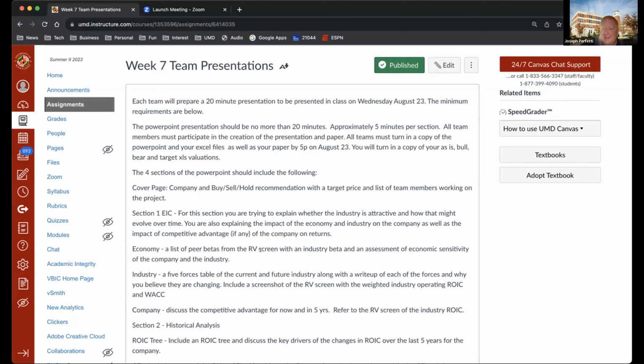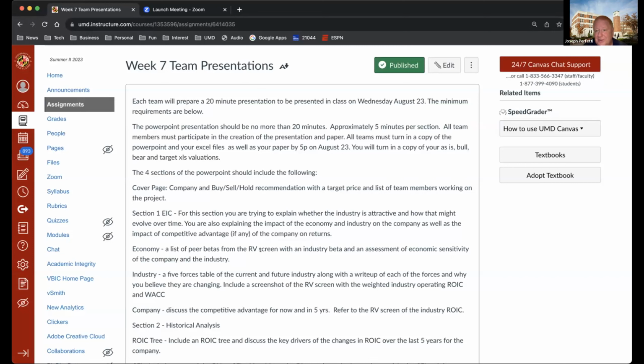Then they just repeated that through the bull, the bear, and the target. So it was really easy to follow along why they were changing, what they were changing, and what it led to in the results. Those are the 2 key screens. So those screenshots would need to be in your PowerPoint. I don't want you jumping to the Excel file to show me something that you forgot to put in your PowerPoint. That will be graded down.